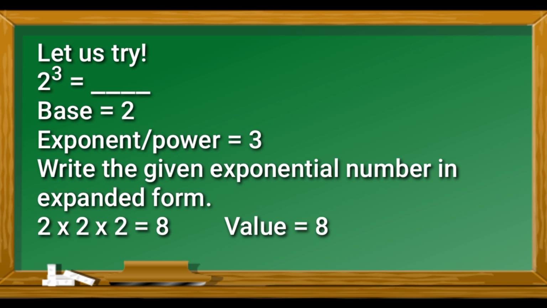Since the exponent is 3, it means that we're going to write the base, which is 2, 3 times. So we can have 2 times 2 times 2 equals 8. Therefore, the value of 2 to the third power is 8.